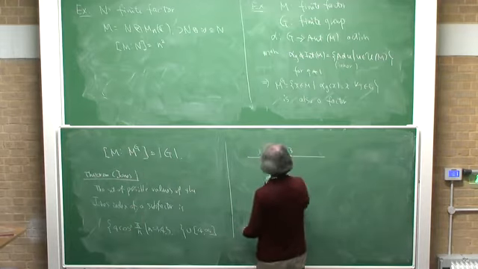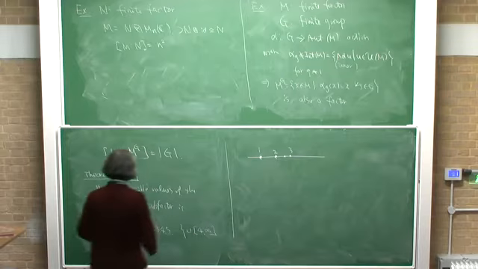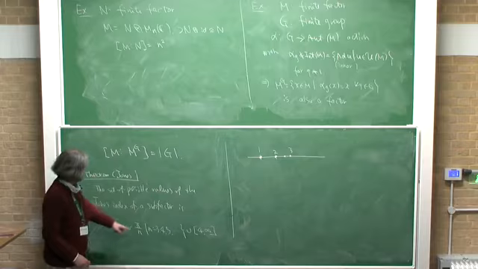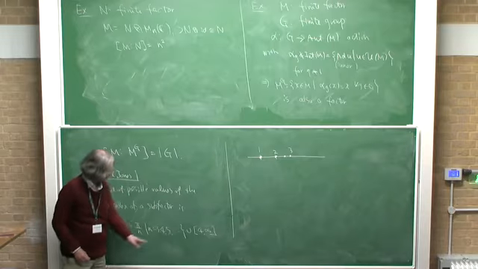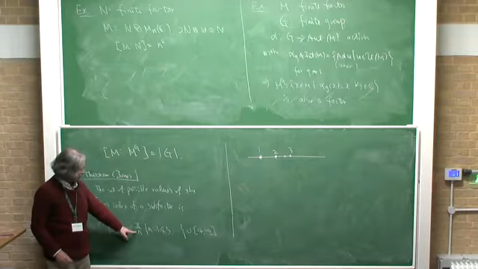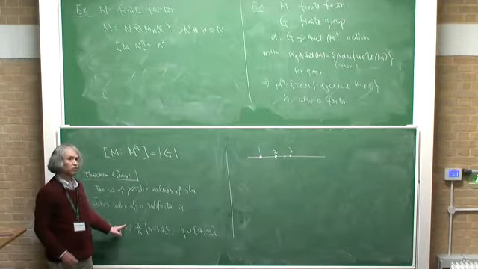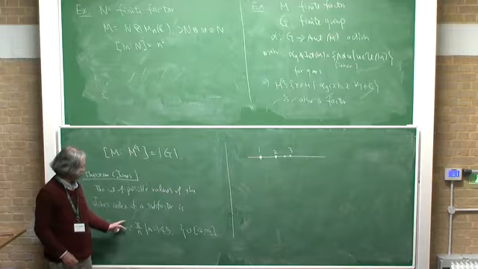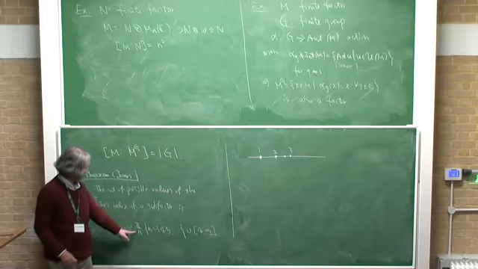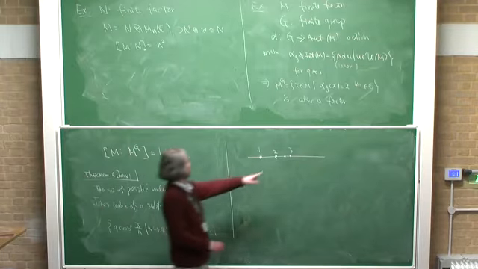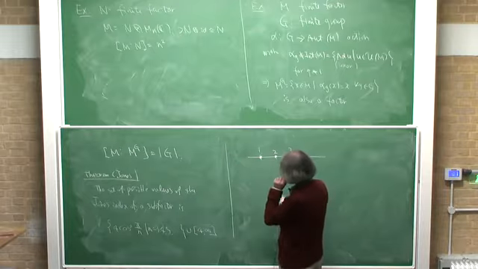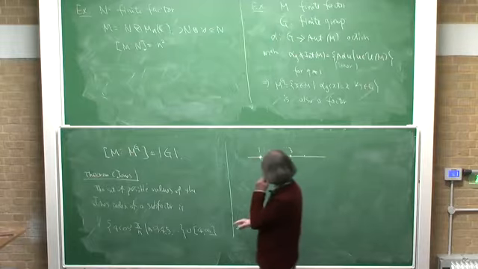This is still finite. Then the next value for n equals 6, pi over 6 and take a cosine, that is square root of 3 over 2. So the square is 3 over 4, times 4 is 3. So the next value is 3. And then the next value is somewhere between 3 and 4.